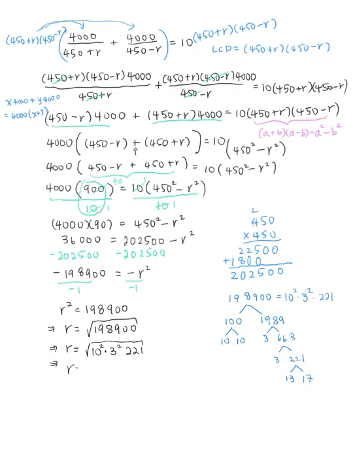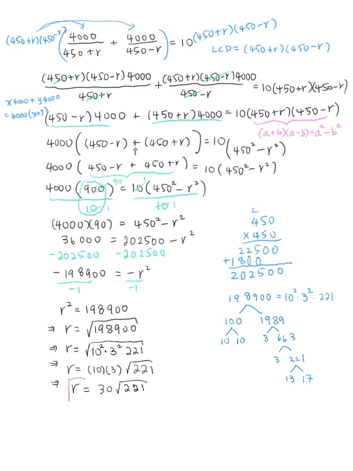So r equals 10 times 3 times the square root of 221. So what do we got? Looks like our speed in exact value is going to be r equals 30 times the square root of 221.